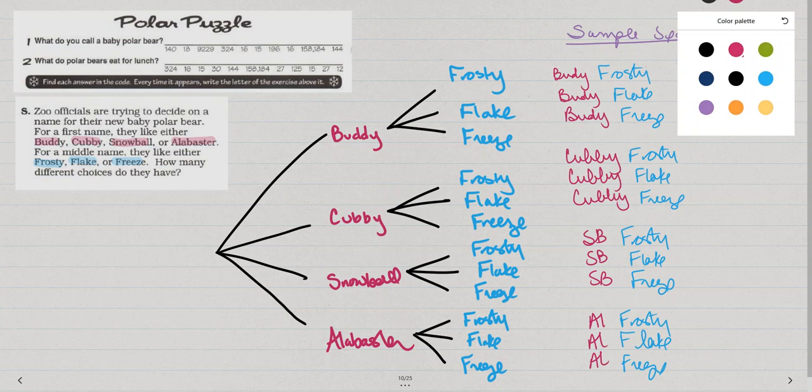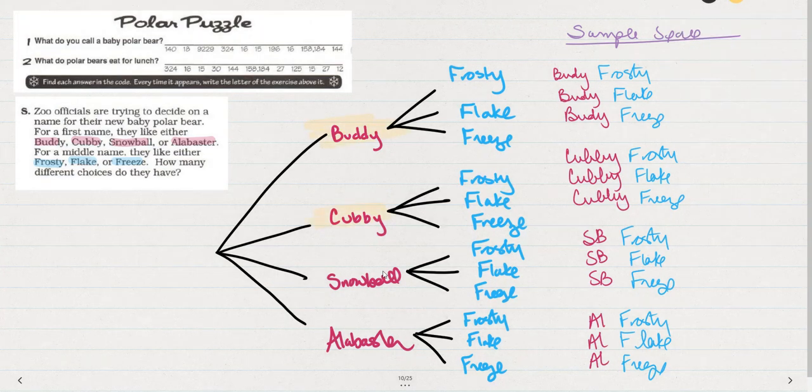To create the tree diagram, I'm going to start with the first name. We could have a Buddy, Cubby, Snowball, or Alabaster. Once we select Buddy as the first name, the second name could be Frosty, Flake, or Freeze. So I get Buddy Frosty, Buddy Flake, Buddy Freeze. I hope they don't choose any of those names.